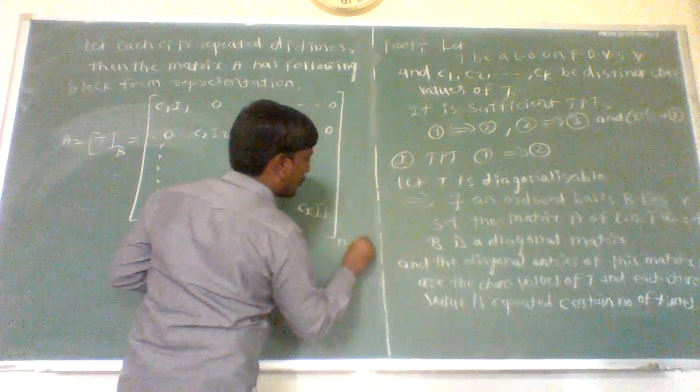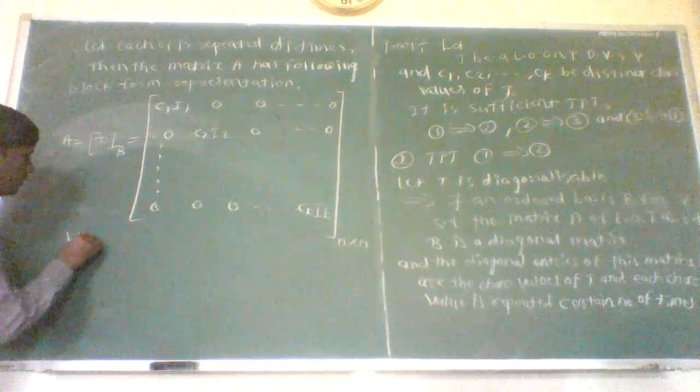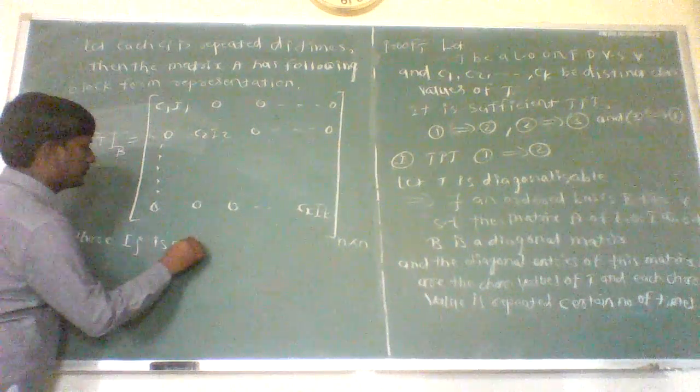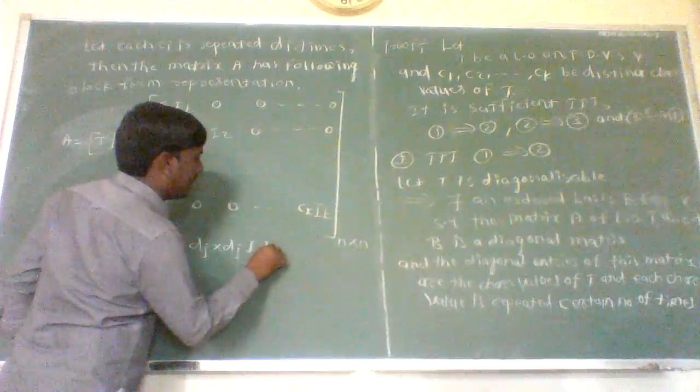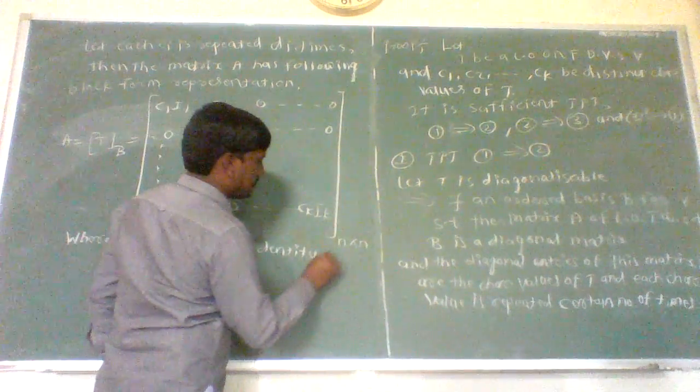It is a square matrix of order n cross n, where each Ij is a dj cross dj identity matrix, since each Ci is repeated di times.